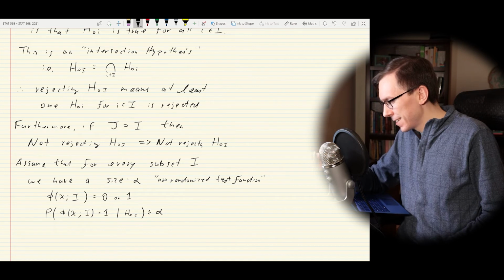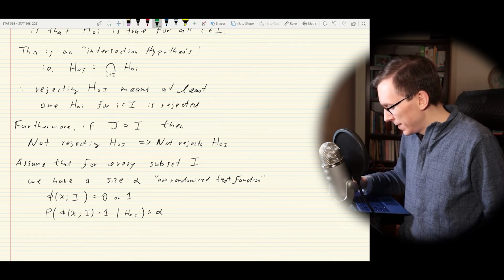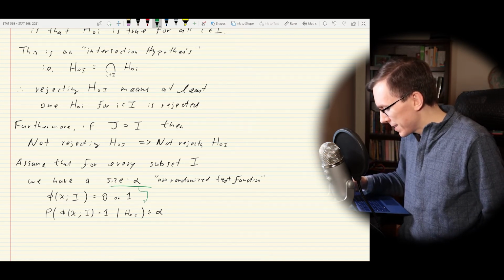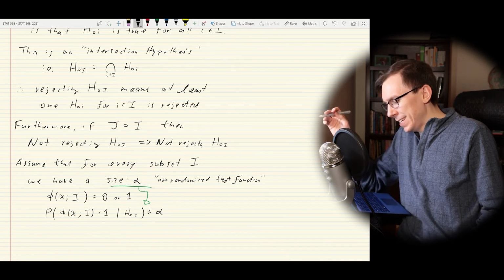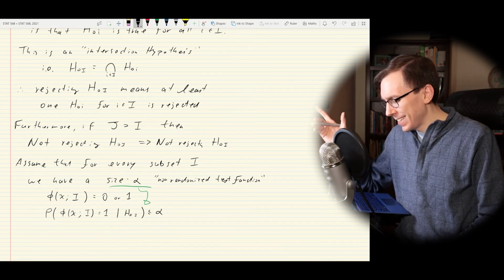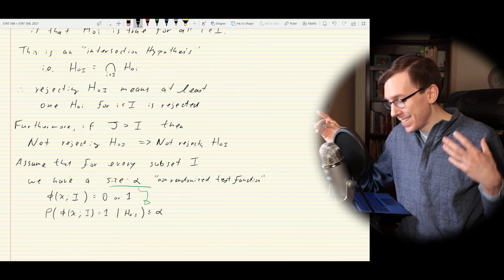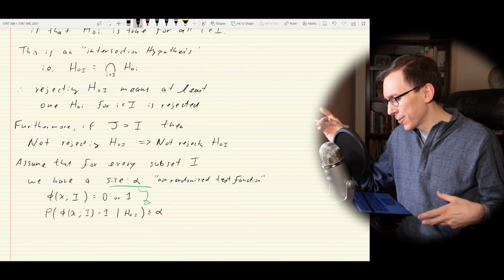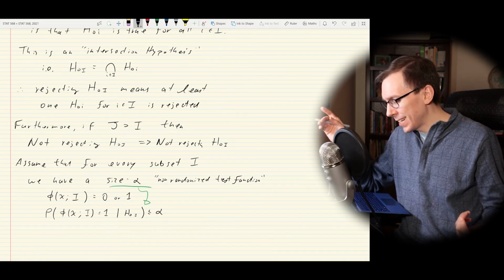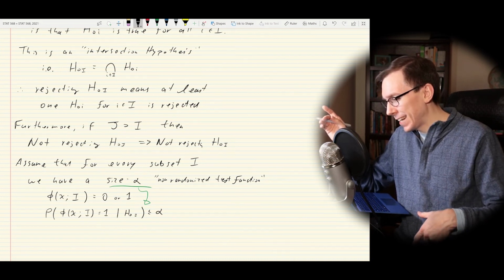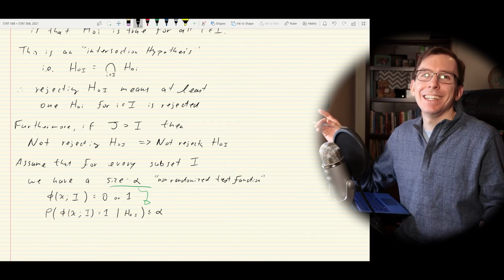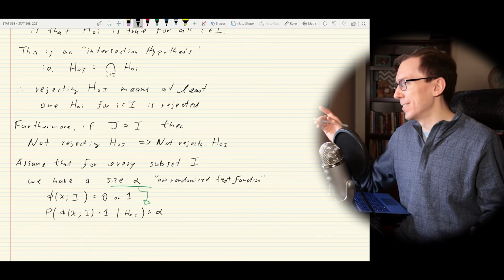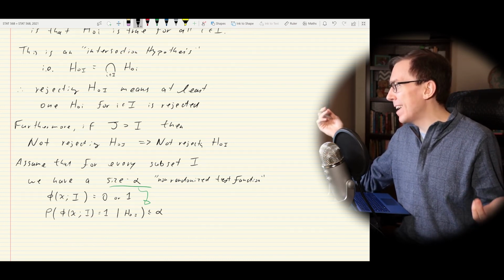Okay, so this is the whole size alpha bit, this statement. So it's the fancy way to basically say, if you get a 0, you don't reject. If you get a 1, you do reject. And the probability that I do reject, given that I shouldn't have rejected, is at most alpha.